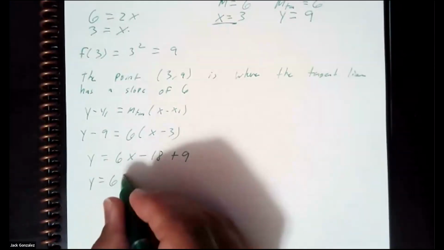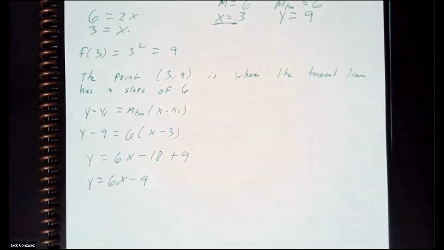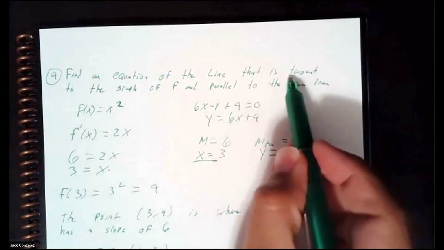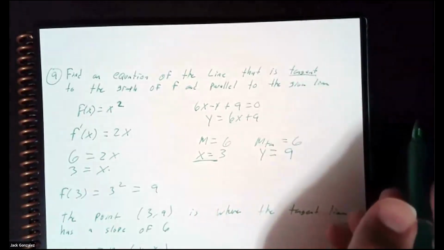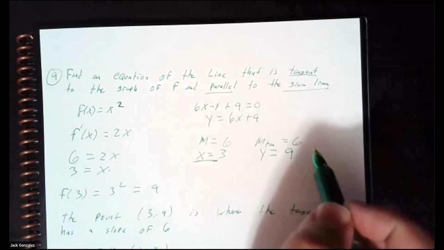Are there any questions on how we found this strange line here? I just have a question about the slope. How did we find the slope of 6? So the hint that they gave us is the tangent line has to be parallel to this given line. Okay.